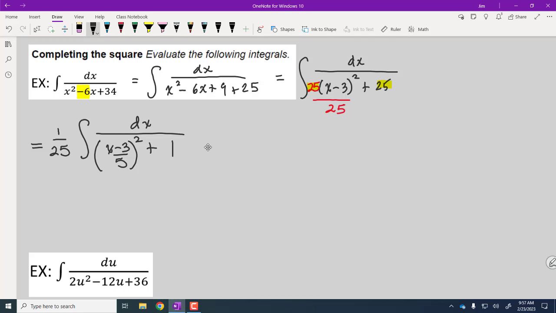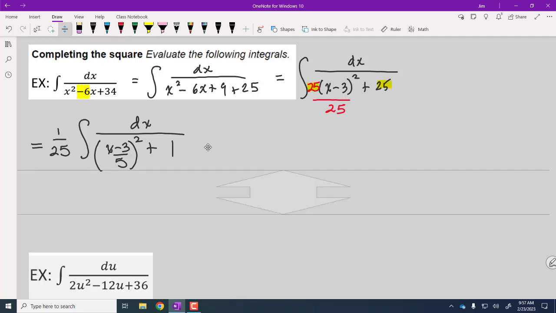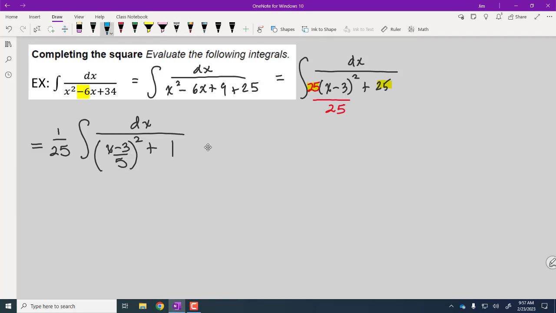And now it's set up for one of 2 things. It's definitely set up for trigonometric substitution: sine, secant, or tangent. Tangent, because it's a plus. Let's just go through this with trig sub, and then I'm going to show you something that maybe some of you see, maybe some of you don't.